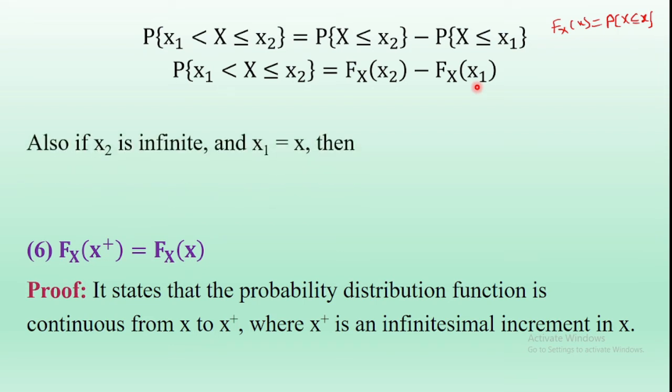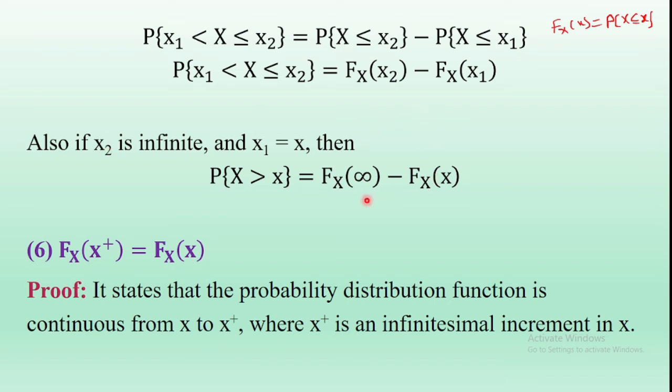Also, if the value of the random variable x2 is infinity and x1 is equal to x, then from the above equation, probability of x1 less than X less than or equal to x2, with x2 equal to infinity, is probability of X greater than x. So probability of X greater than x is equal to Fx of x2, where x2 is equal to infinity and x1 is equal to x.